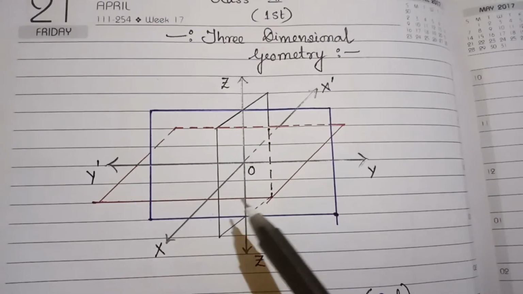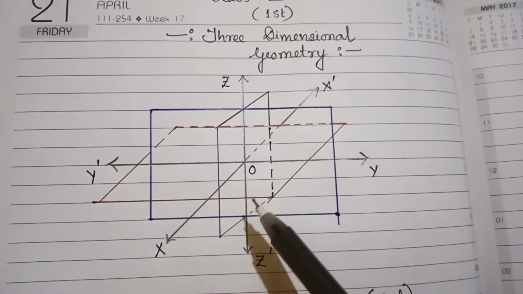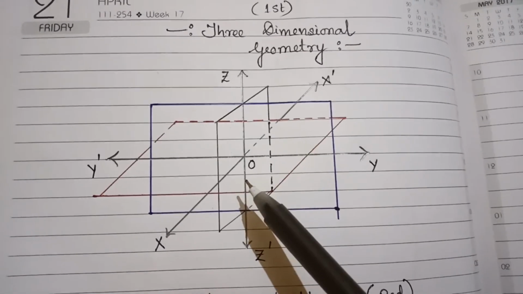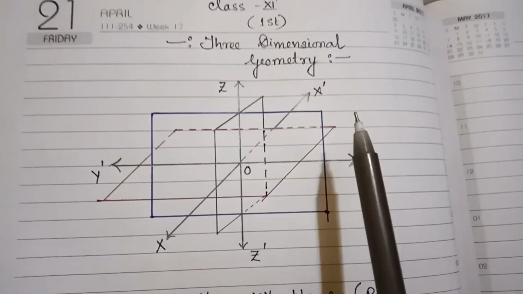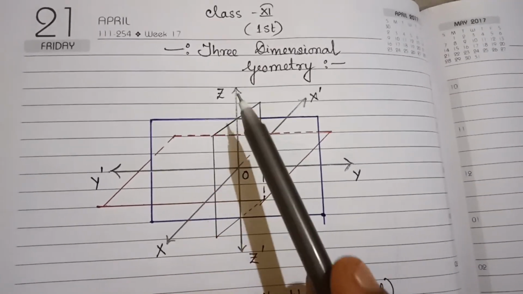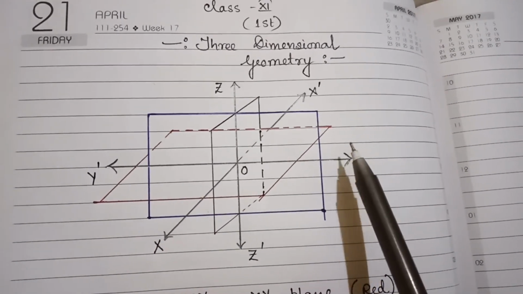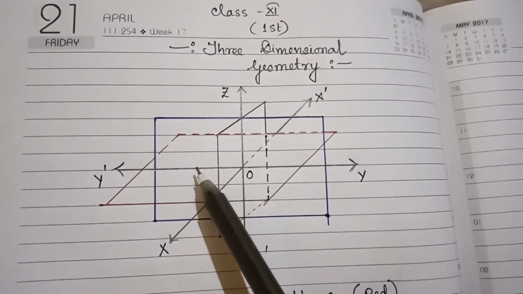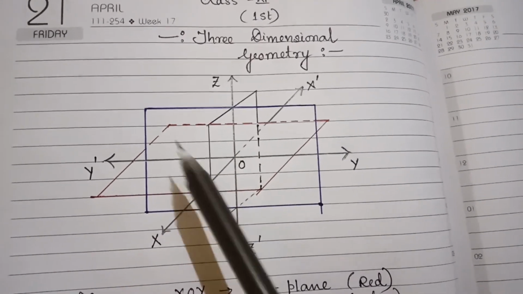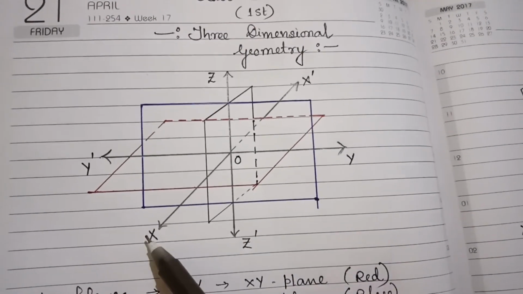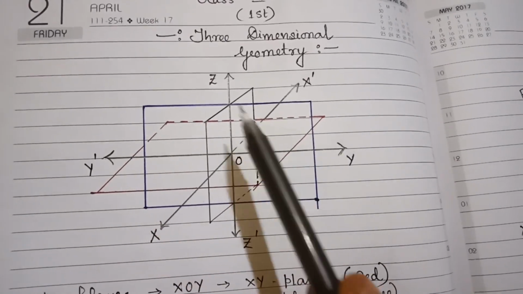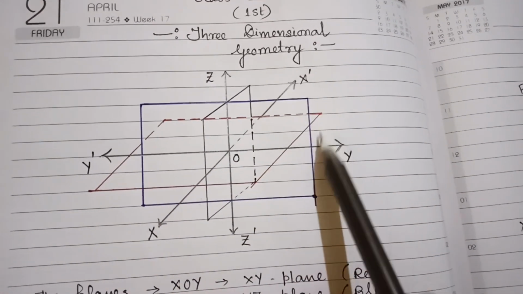So look at this. I have used three types of pen: blue, red and black, just to make you understand the difference. Think about y and z as the vertical and horizontal axes like this. Holding the y and z axes there is this blue colored plane, this rectangle shape.